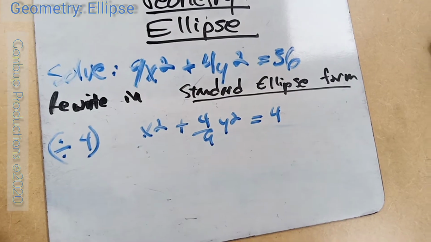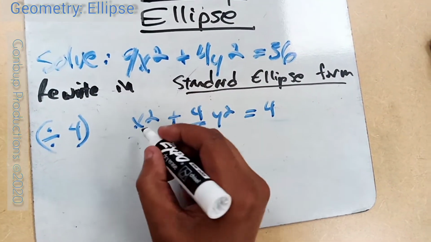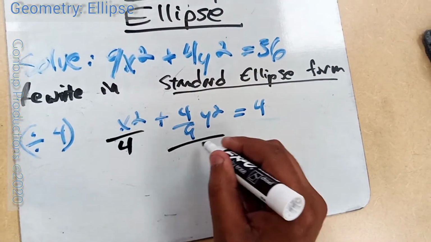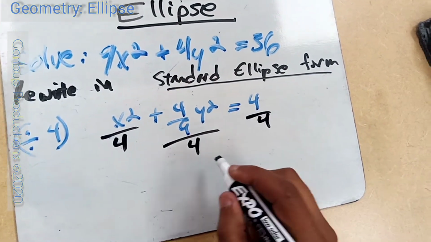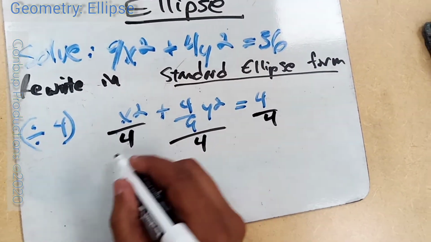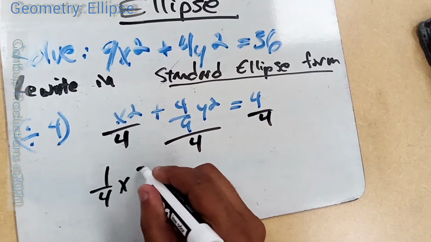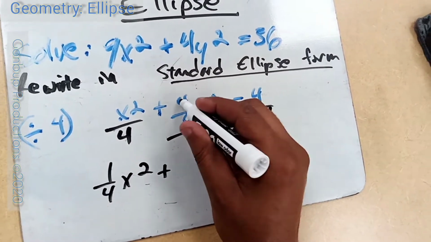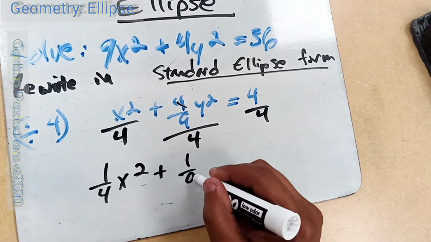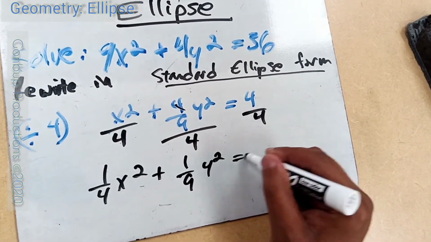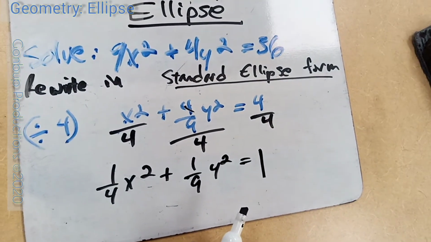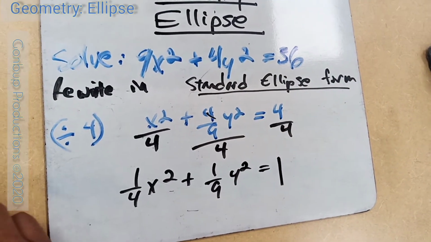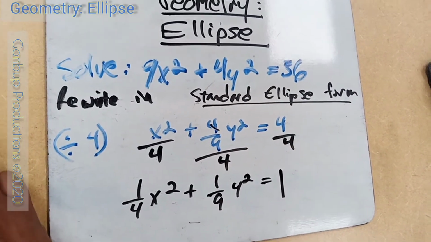All right, so let's write it out. x squared divided by 4, 4/9 y squared divided by 4, and 4 divided by 4. This is simply 1/4 x squared plus 1/9 y squared equals 4 divided by 4, which equals 1. All right, so we're closer to our standard ellipse equation now.